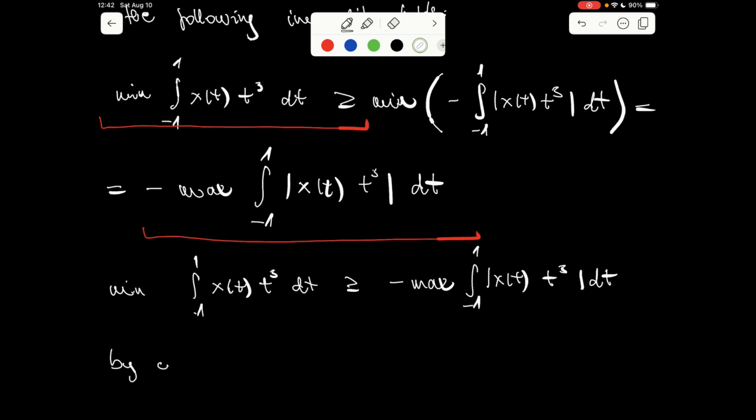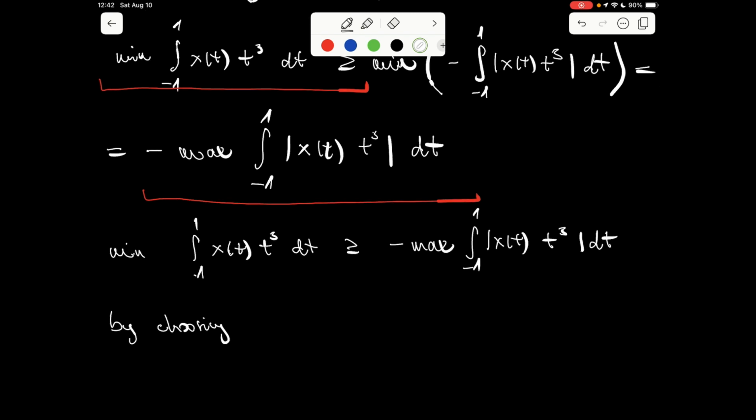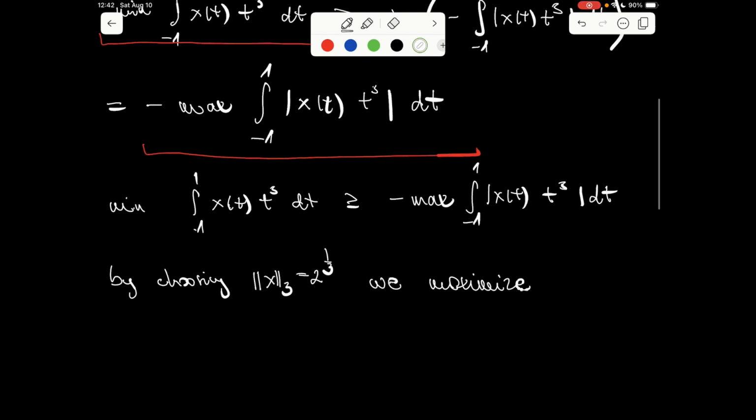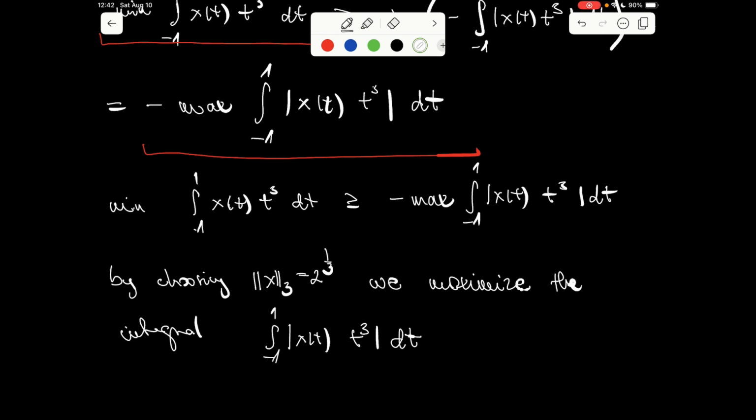By choosing function x such that its norm is this real number, by this choice we maximize the integral containing the absolute value.